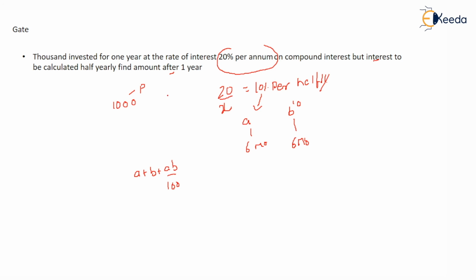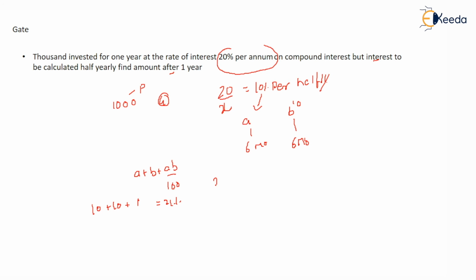If they ask you to find quarterly, you divide by 4, because there are 4 quarters in a year. So 10 plus 10 plus 10 into 10 by 100 is 21. So you have to find 21% of 1000 rupees.